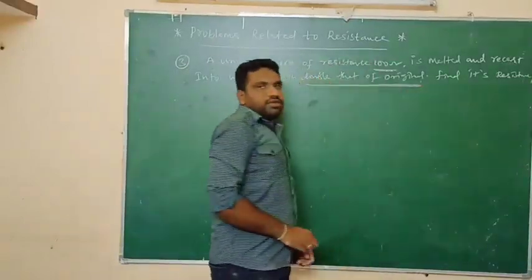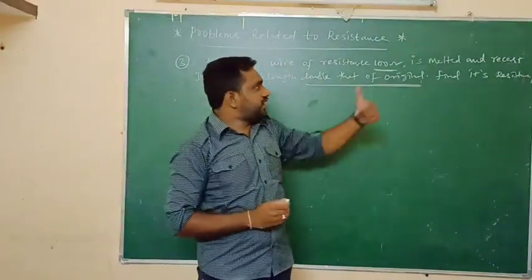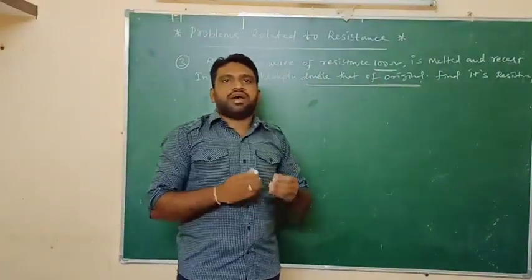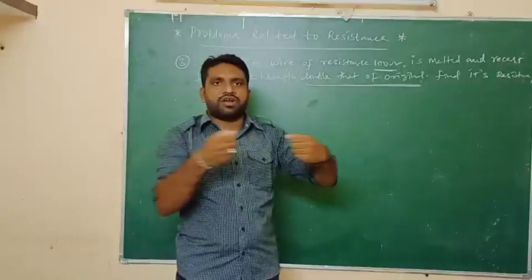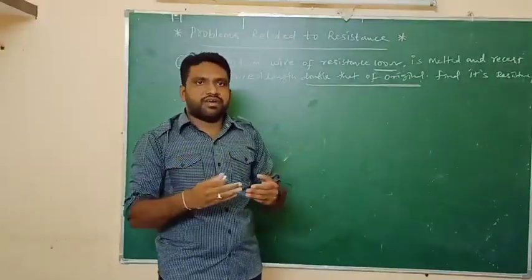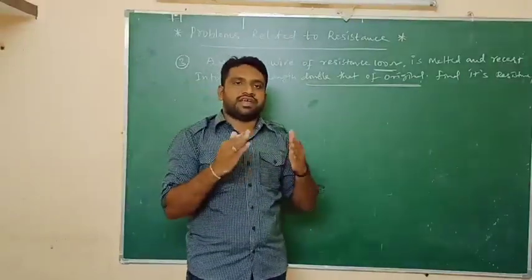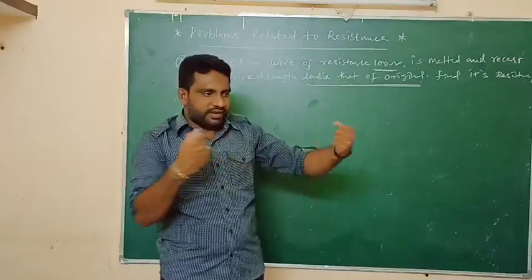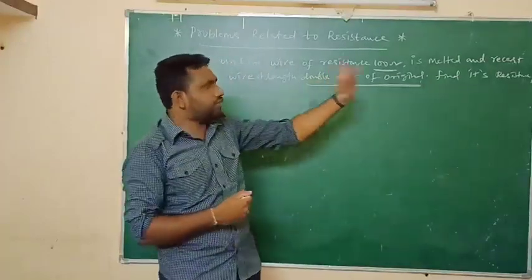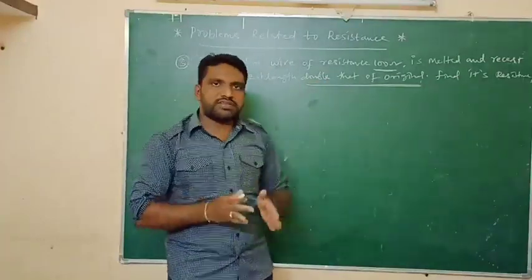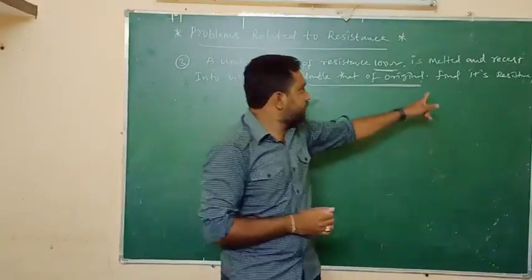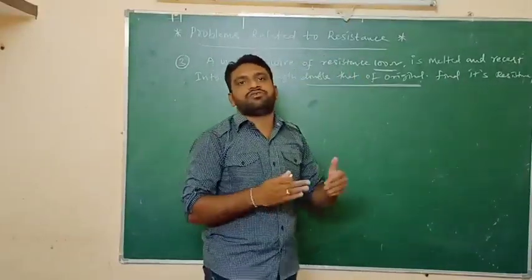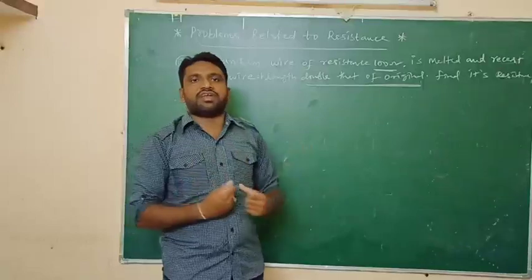So we have a uniform wire whose initial resistance is 100 ohms. It is melted and recast into another wire, and after the recast its length becomes double that of the original wire. We need to find the new resistance after the recast.